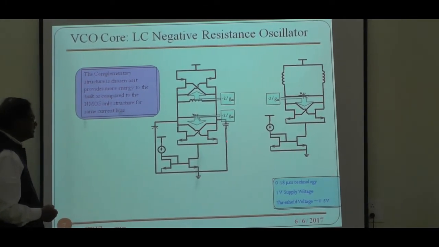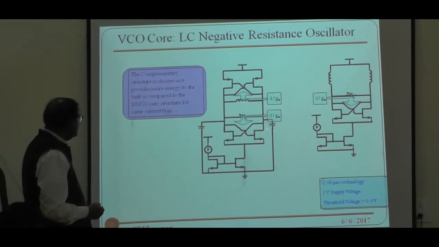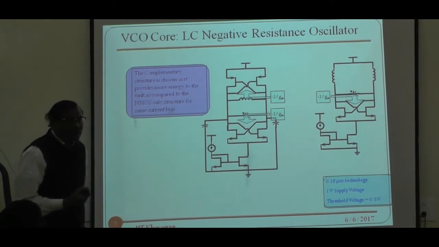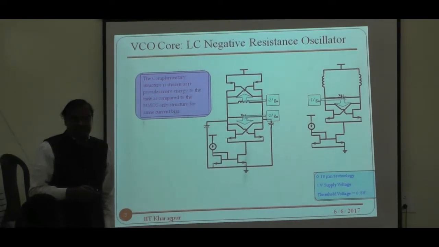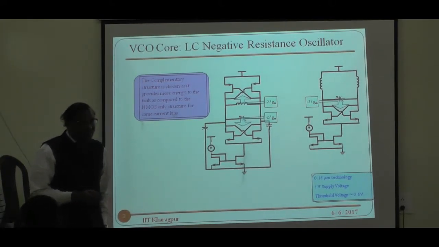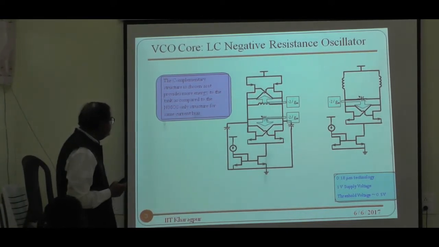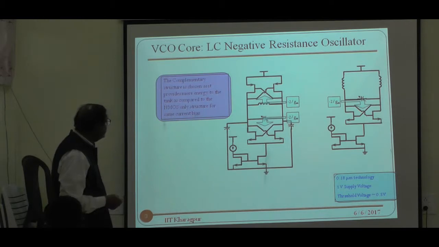If you look at the impedance as seen by a cross-coupled pair, what will be the impedance? It is minus 2 by GM, right? All of you know that. Any cross-coupled pair, the impedance as observed is minus 2 by GM.